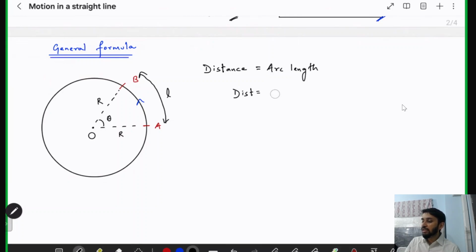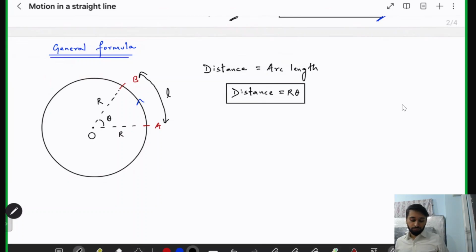Theta should be in radian, not in degree. So distance here will be equal to simply r into theta.